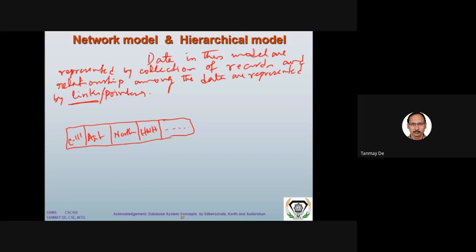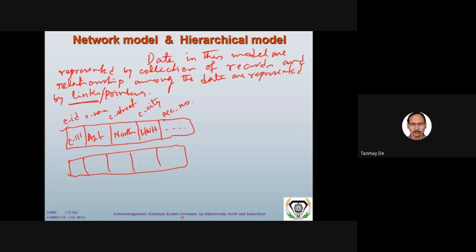This is the customer record, similar to the previous one: customer ID, customer name, customer street, customer city, account number. Similarly, other customer records are there.